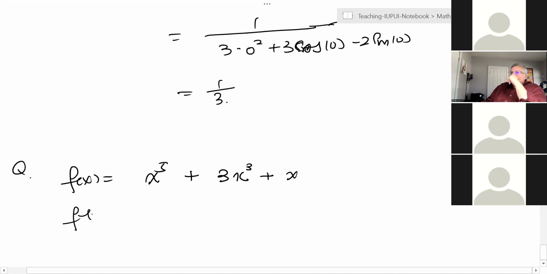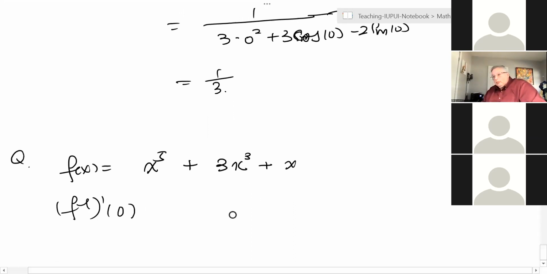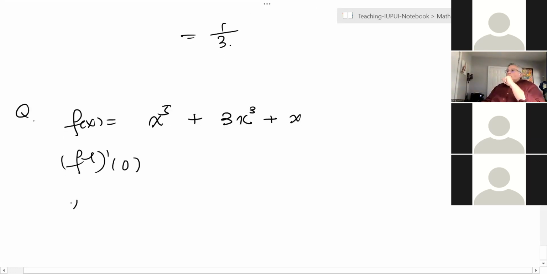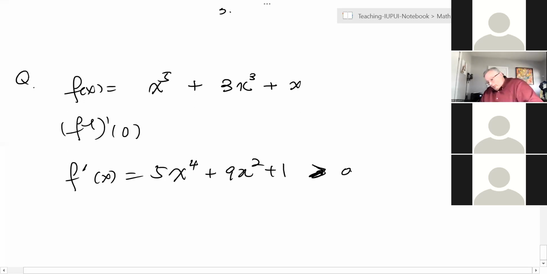I want to find out the derivative of the inverse at 0. Clearly, this one has an inverse because the derivative of this function is 5x to the fourth power plus 9x squared plus 1. This is always positive because every term is positive.